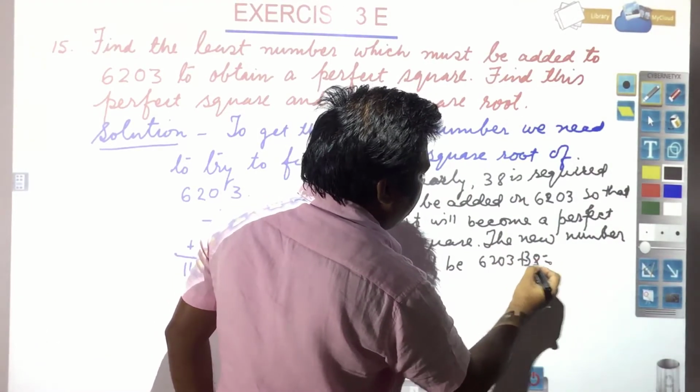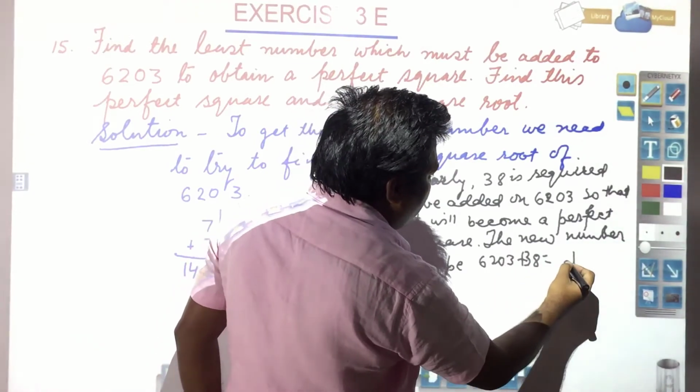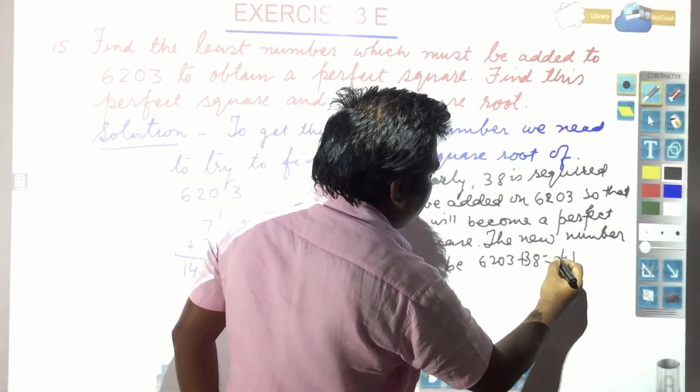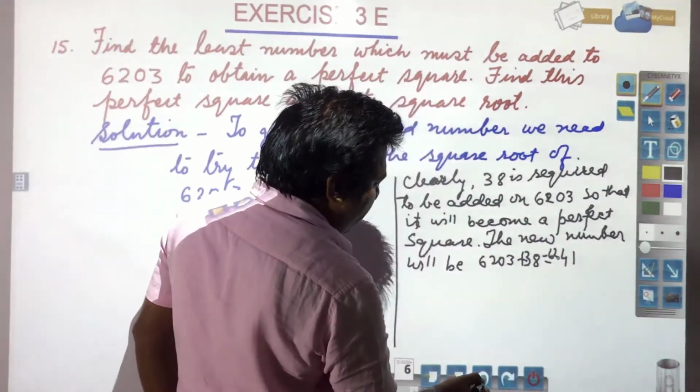It means 8 and 3 is 11, 3 and 0 and 1 is 4, and 6 and 2... So, your new number will be 6241.